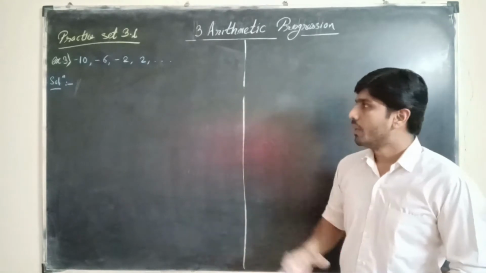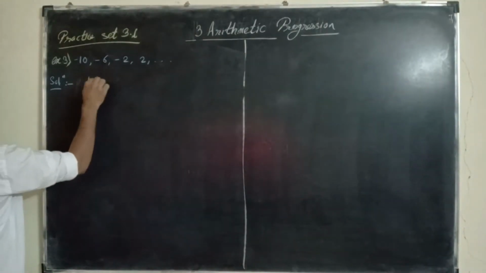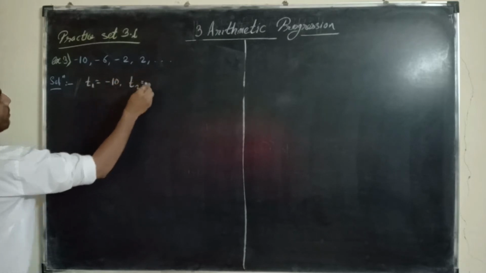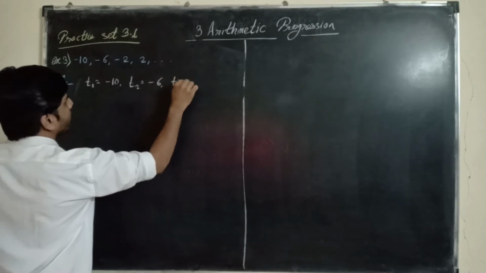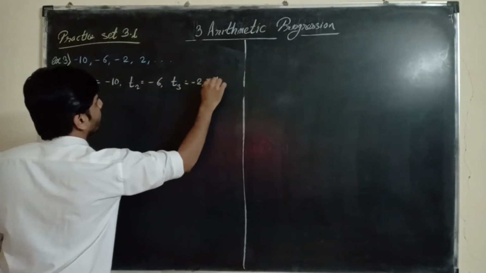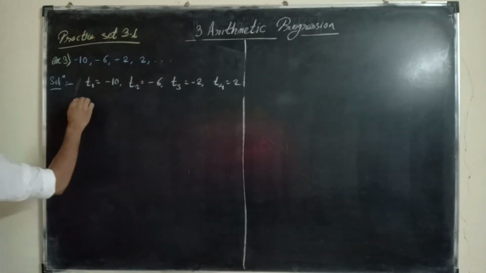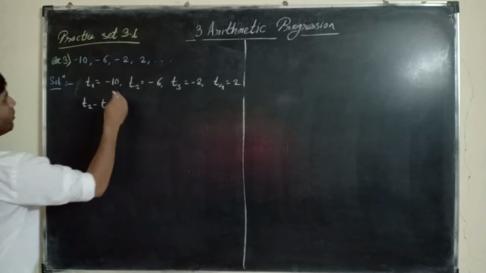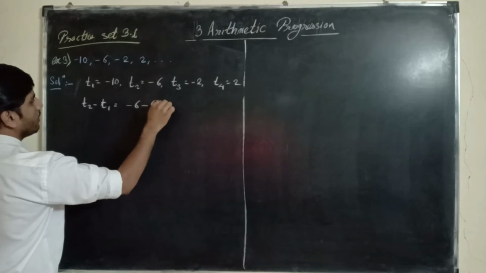Now in the third example, the first term, that is T1, is negative 10, T2 is negative 6, T3 is negative 2, T4 is 2. So to find the common difference, we will find T2 minus T1, which is equal to negative 6 minus negative 10.